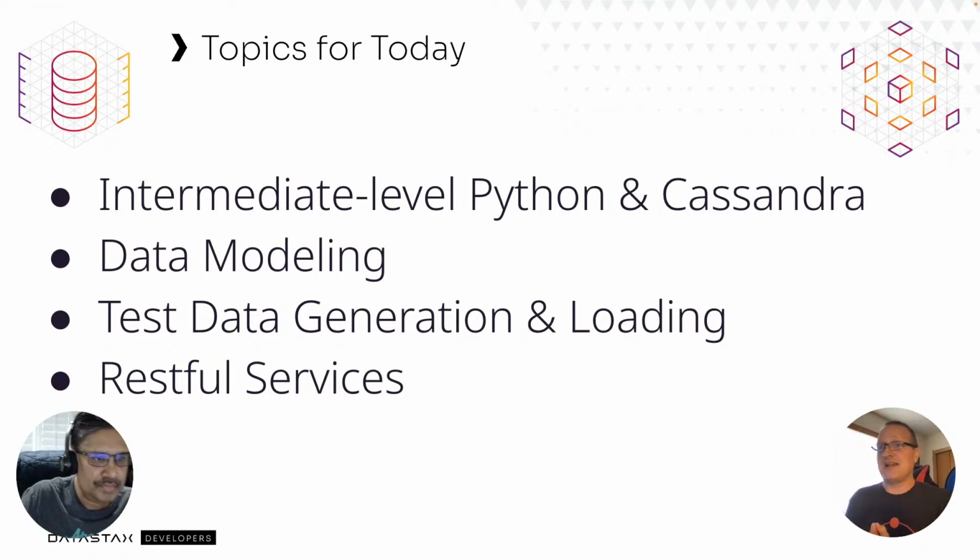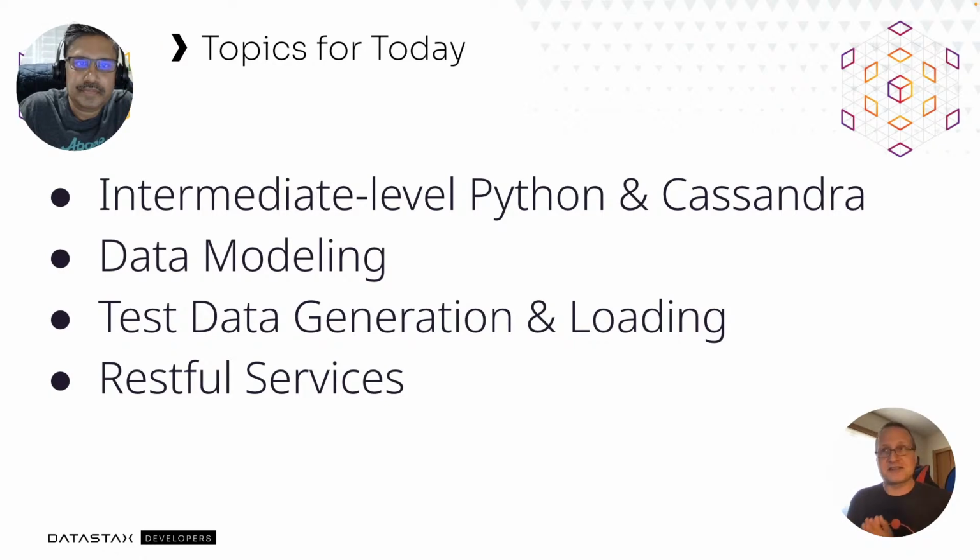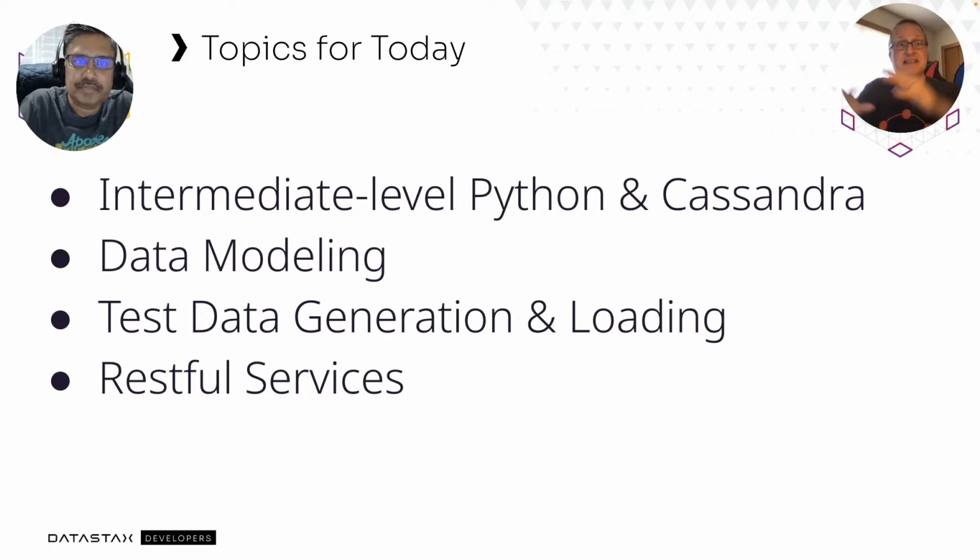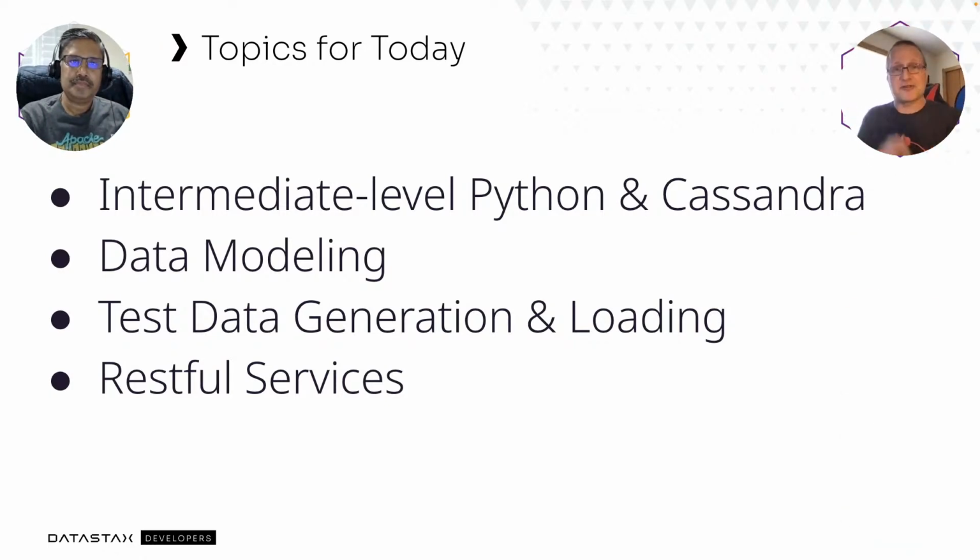Sarma did a great job in building something that will generate random data, because that's really one of the hardest things with testing a big distributed system: getting a lot of data to actually put it through its paces. So we'll show you a little bit about that too. And then at the end we're going to expose that data with some RESTful services using FastAPI with Python. So it's going to be pretty seriously cool.